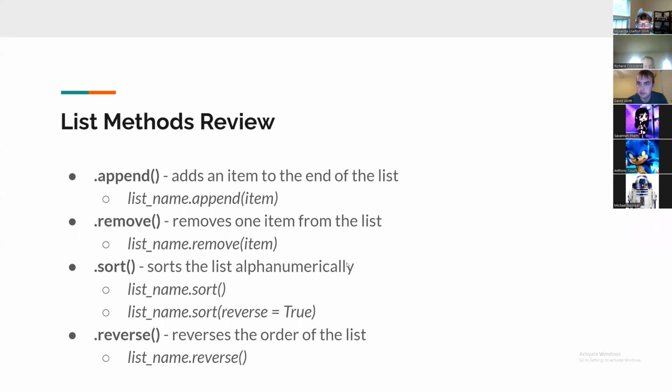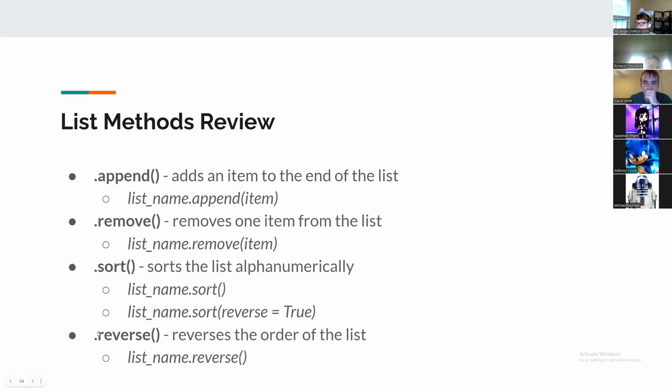So 1 through 10, and then A through Z. And then you can also add what's called an argument. We'll talk about that more today, where you say list name dot sort, and if you add reverse equals true inside the parentheses, it'll actually do it in reverse alphanumeric order. So it'll start at Z, or it'll start at the largest number.